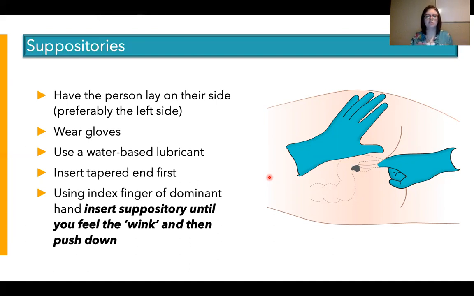This is where it gets a little tricky if you're a lefty. When you insert that suppository, you'll feel what we call a wink. If you put your finger out like this and squeeze your finger, that's kind of what it feels like. So you'll feel that wink, and then you're going to push down, making sure they stay clean and that they're comfortable.